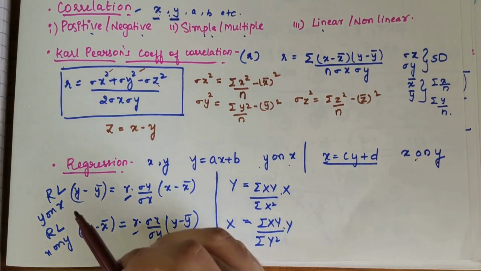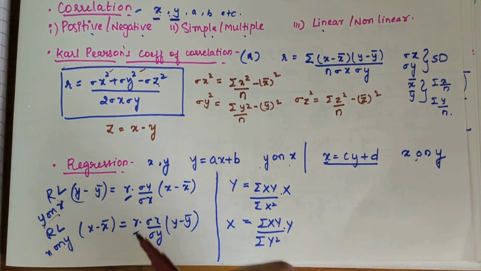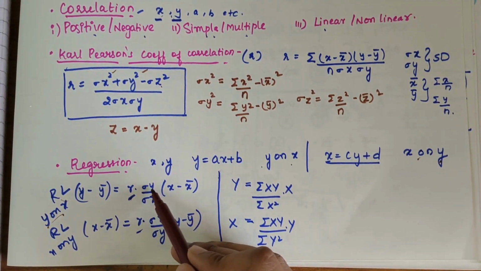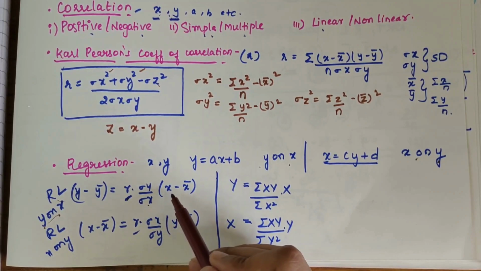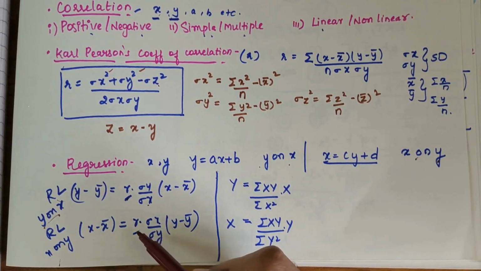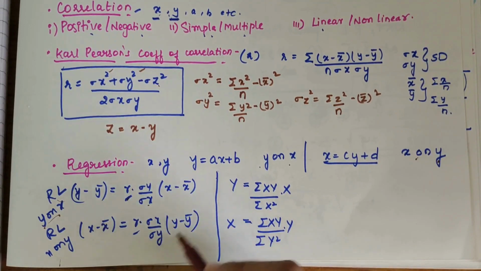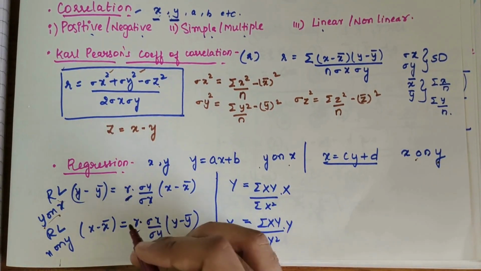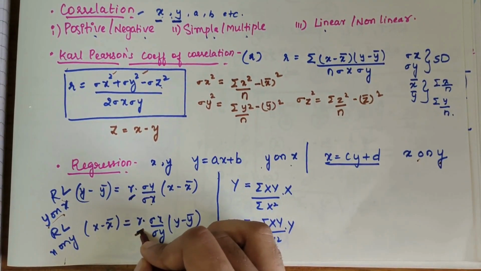So firstly, writing the regression line of y on x formula: y minus y bar is equal to r into sigma y by sigma x into (x minus x bar). Similarly, the regression line of x on y: x minus x bar is equal to r into sigma x by sigma y into (y minus y bar). This set of formulae can be used to find the regression lines when we know the value of r.